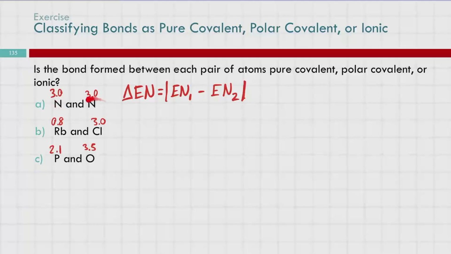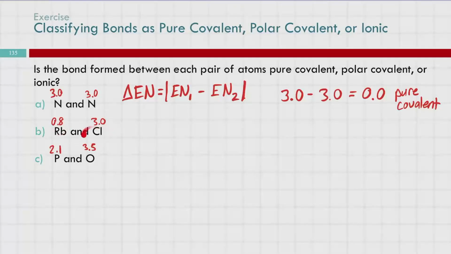So for nitrogen and nitrogen, they're the same thing, so we would expect, regardless of what element it is, 3.0 minus 3.0 gives us 0.0. So that is going to be which of the three options? Pure covalent. Idealized sharing of electrons, no dipole moment, no positive, no negative, perfectly balanced.